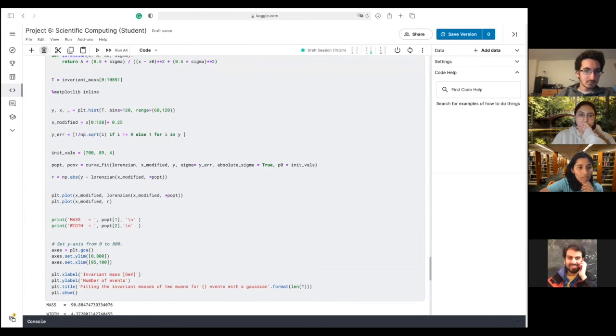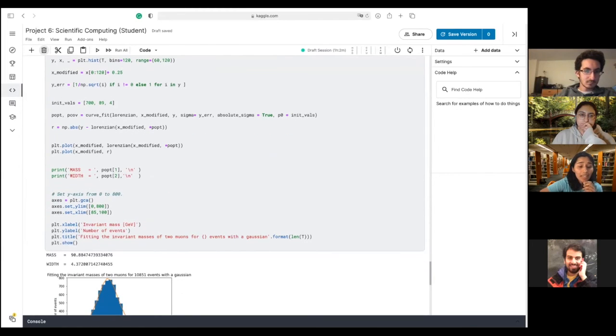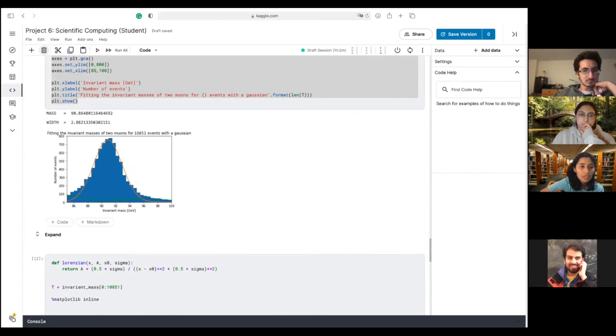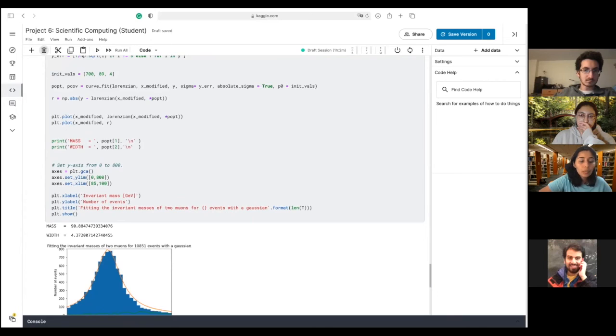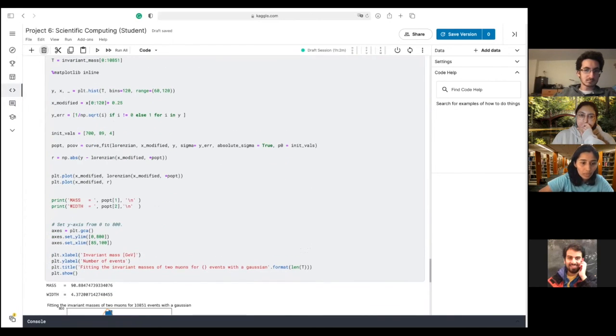So once we have that, again we see that the mass is very close to the mass that we had earlier. Earlier we had a mass of 90.86, and here we have a mass of 90.88. So with different models, we get the same mass, which is good news. That means the mass is probably right. And then the width. Okay, the width here in the Lorentzian is basically a square root, actually.